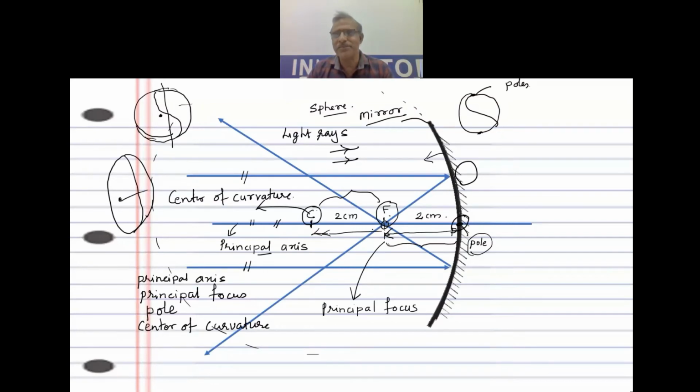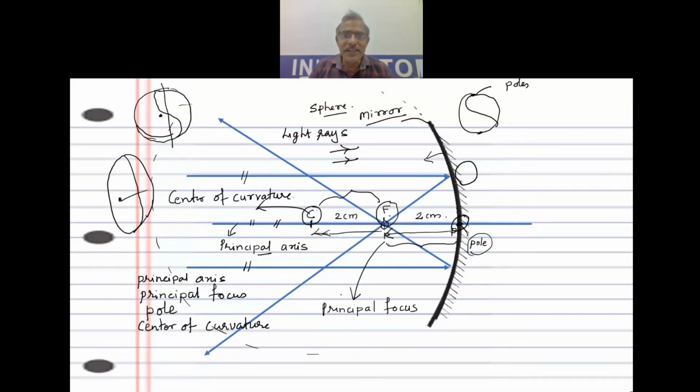They will reflect and they may pass through different points. That's why, while explaining what the principal focus is, we need to specify light rays which are parallel to the principal axis, converge from the concave mirror and meet at a point which is called principal focus.